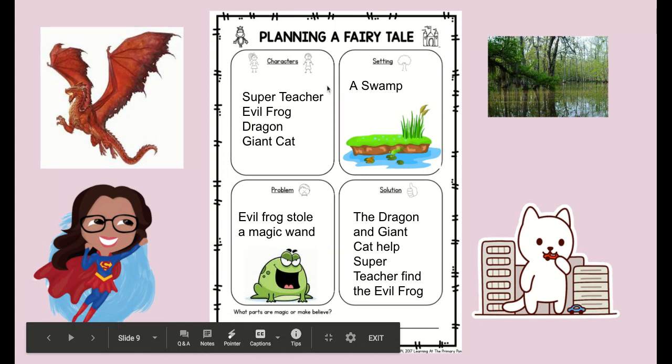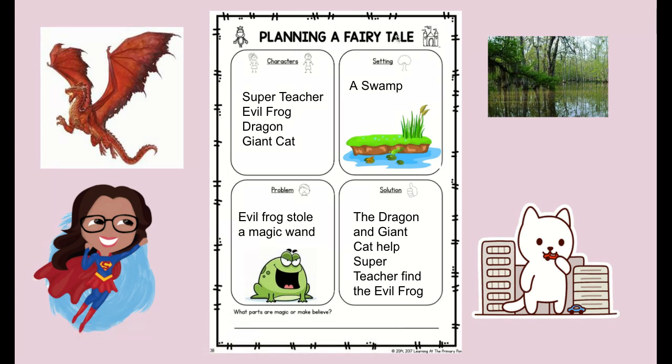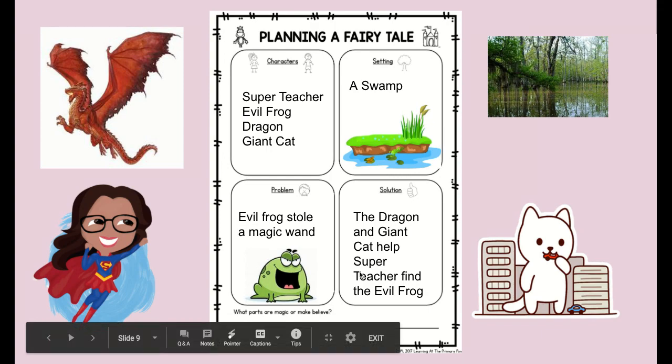So make sure on a paper you write down planning a fairy tale and write down characters, setting, problem, and solution. And make sure to tell me what characters you want in your story, where is your story taking place, what will be the problem of your story, and what will be the solution? How are you going to fix that problem?